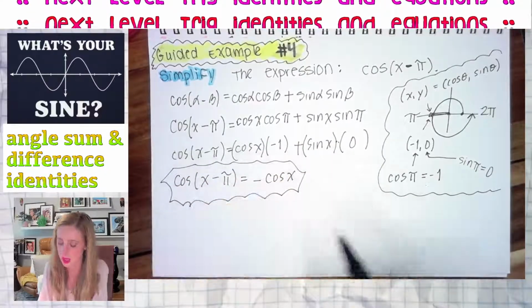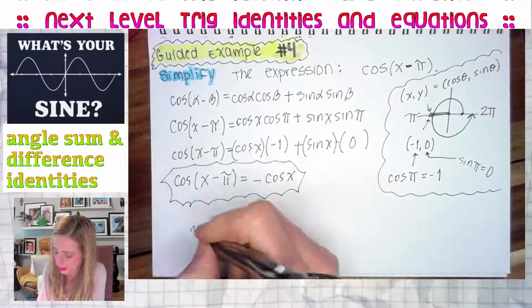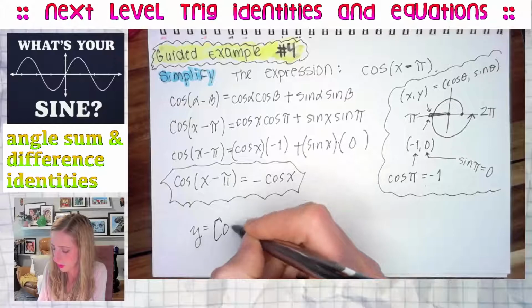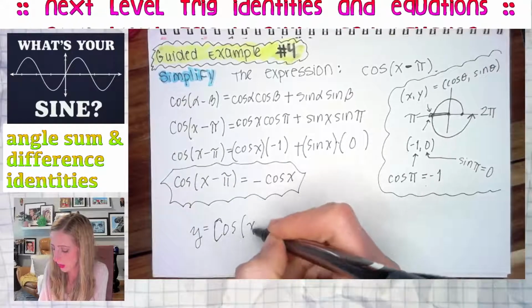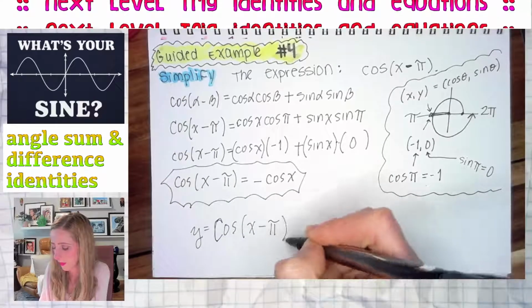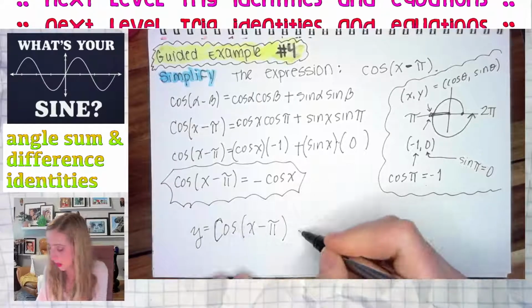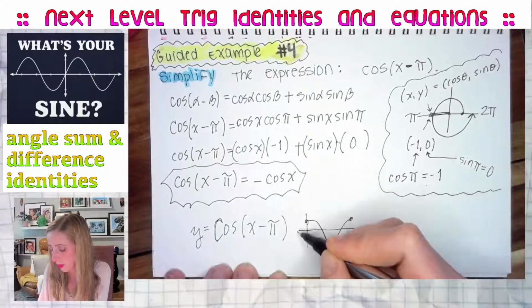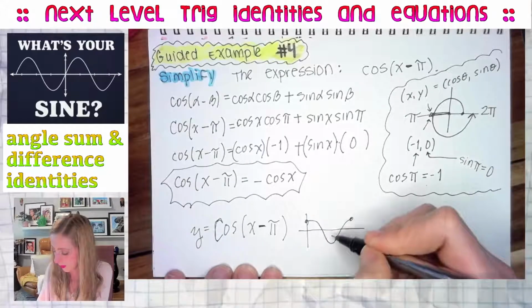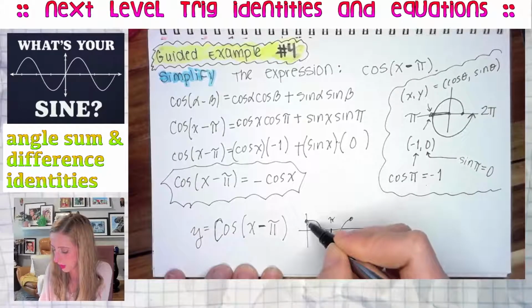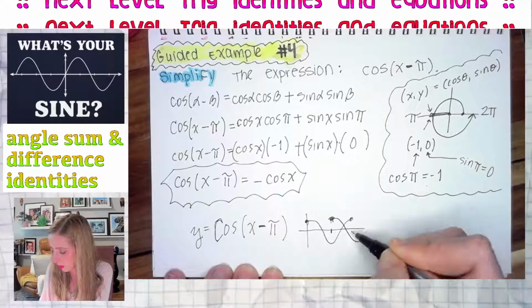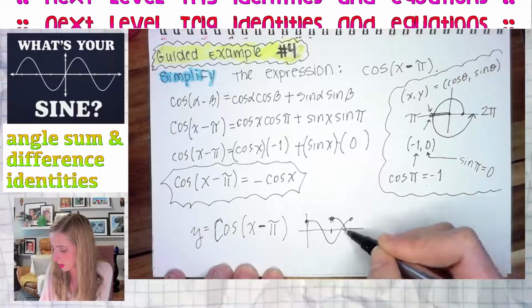We are done. Fun fact. If you graph y equals cosine of x minus pi, that will take our cosine graph and move it to the right pi. There's pi. So that will move this guy right here. So now my new graph, something like this.